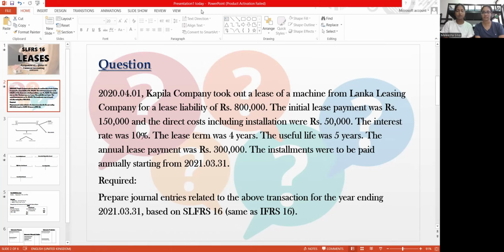Direct cost, which is also the installation cost, 50,000 rupees. Interest rate 10%. Lease term 4 years. Useful life 5 years. Annual lease payment 3 lakhs starting from 31st of March 2021 onwards. We are asked to prepare the journal entries for the year ending 31st of March 2021 based on SLFRS 16.